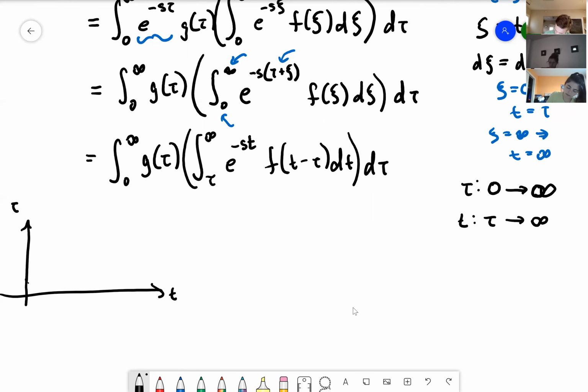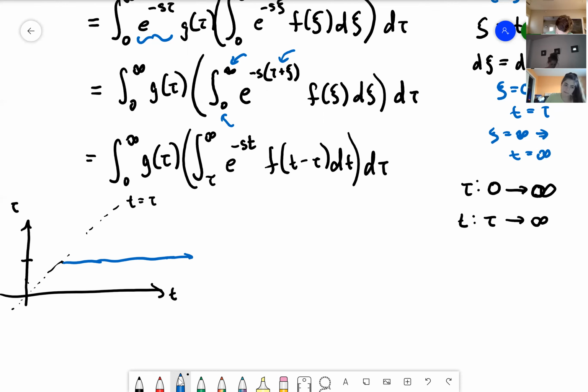For a particular tau, we figure out where t is equal to tau. So that'll be this line with slope 1 here. We're going to integrate from that point, from tau to infinity.